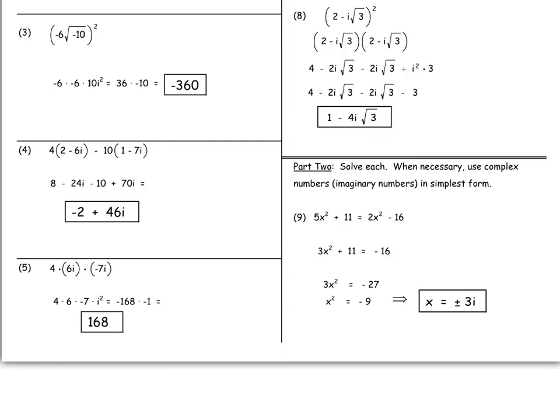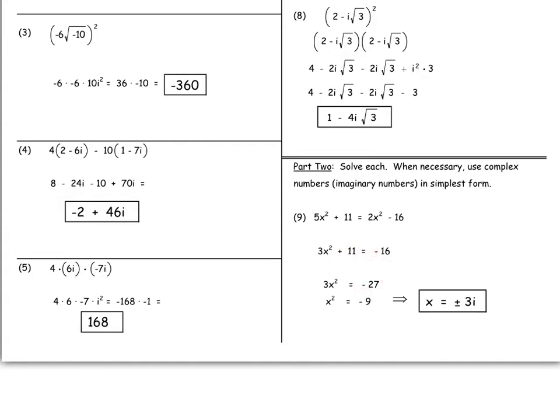In this example, I gave you a problem, number 9, with no x terms. You had a 5x squared on one side, 2x squared on the other side, giving me 3x squared. And when I subtracted the 11 from both sides, I ended up with negative 27.